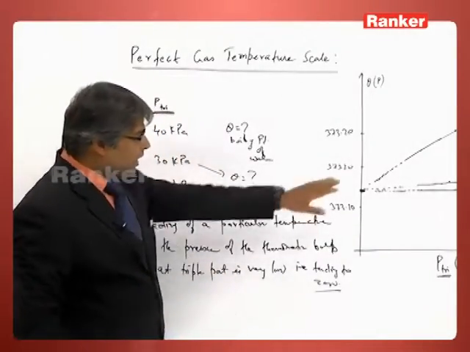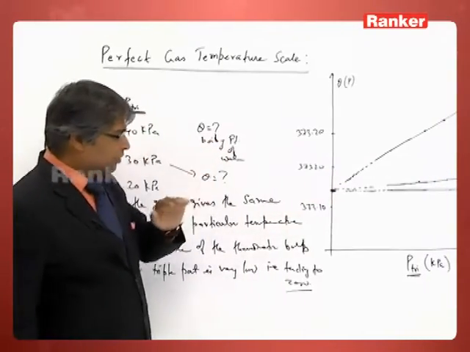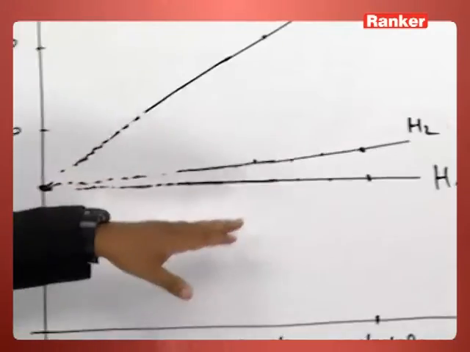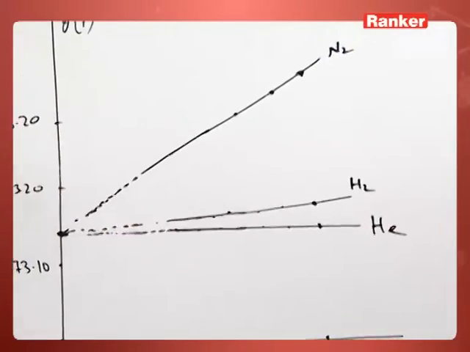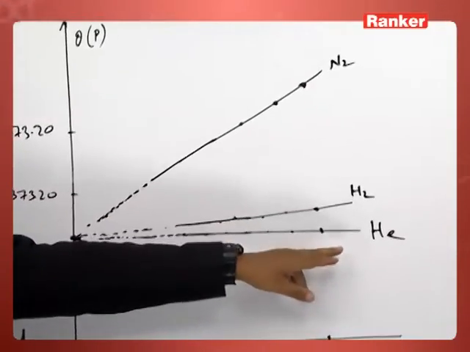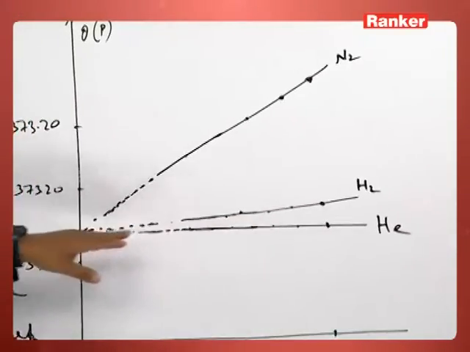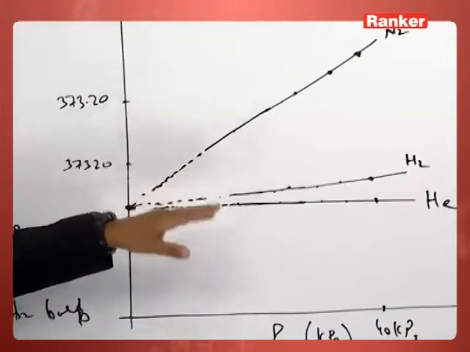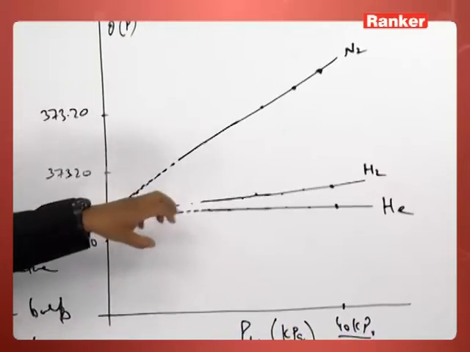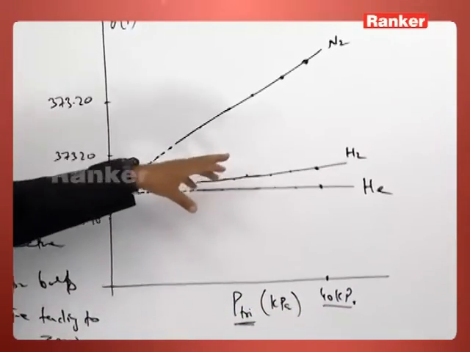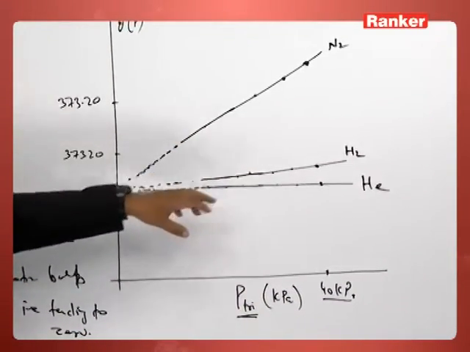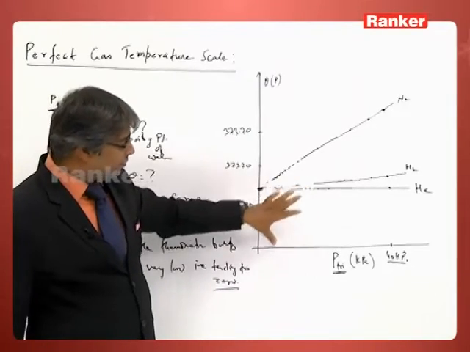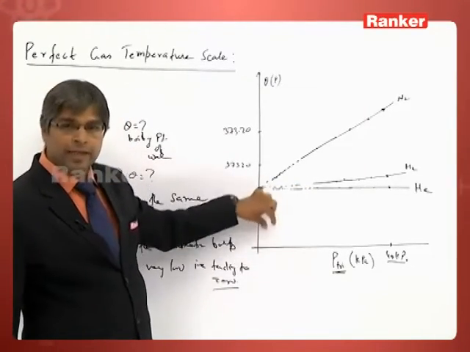So in this case, all the gases can be used, but the best preferred gas for a constant volume gas thermometer is helium, because of two reasons. Number one, at low temperatures and pressures other gases condense and liquefy, but helium will remain a gas at very low temperatures.